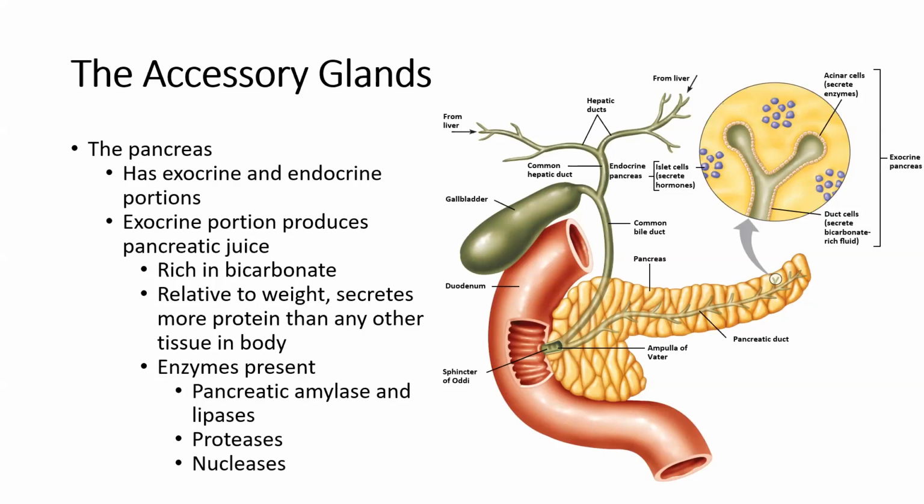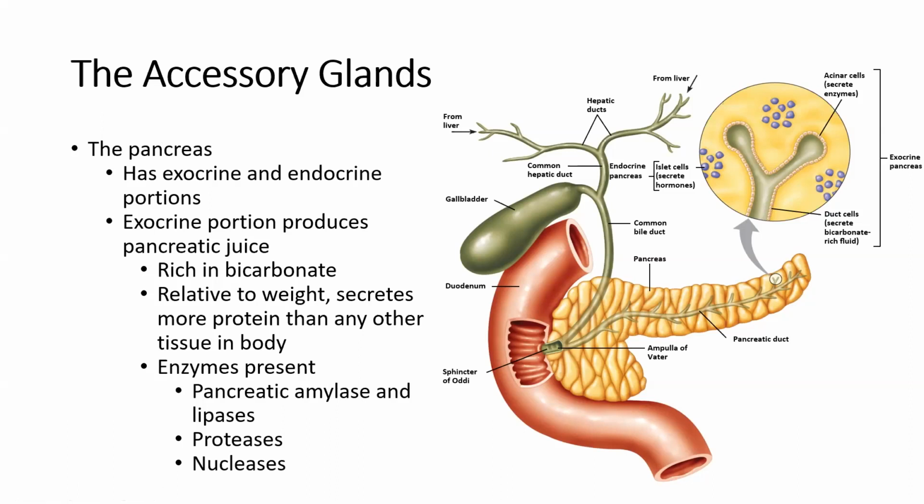The functions here are going to be secreting that rich bicarbonate fluid that's going to neutralize the chyme into the duodenum. It's also going to secrete lots of enzymes. They're going to have amylases, lipases, proteases, nucleases that are breaking down starch, fats, proteins, and nucleic acids, respectively.